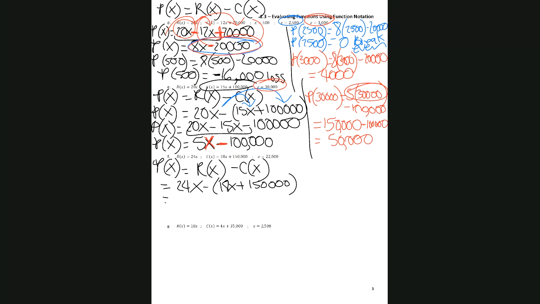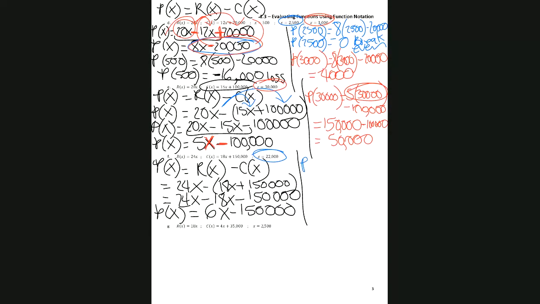So 24x minus 18x minus 150,000. You have to distribute that. So then the profit for this one, 24x minus 18x is equal to 6x minus 150,000. Now, to answer the question, of course, is find the profit after selling 22,000 items.